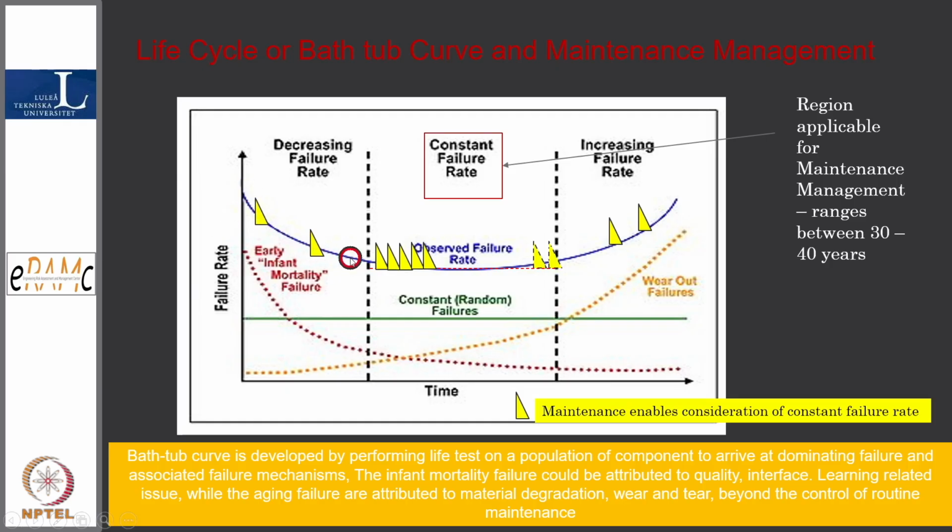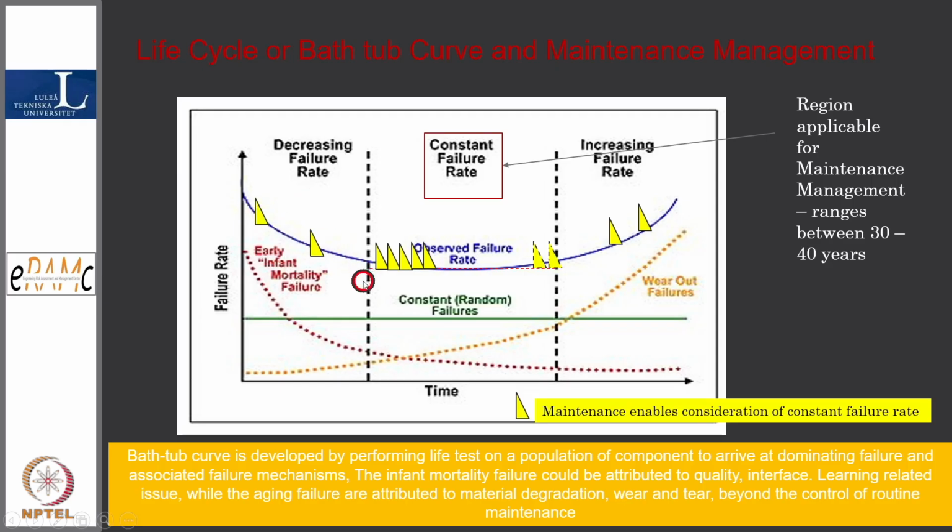Definitely some will fail. The advantage is we learn why these bulbs are failing. Is it a quality related issue, a fabrication related issue, or a learning related issue? What is the issue with the bulb? These are called infant mortality failures.